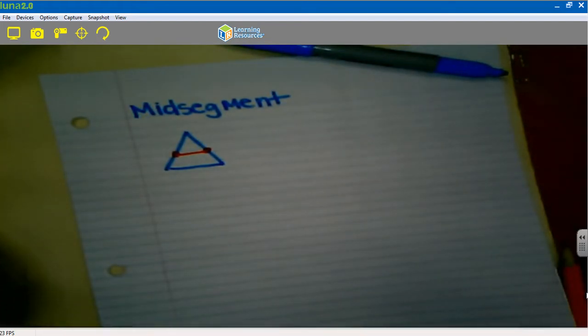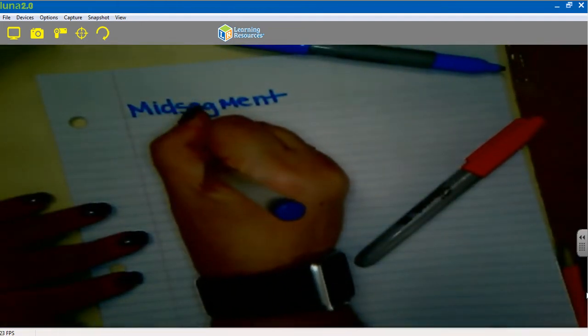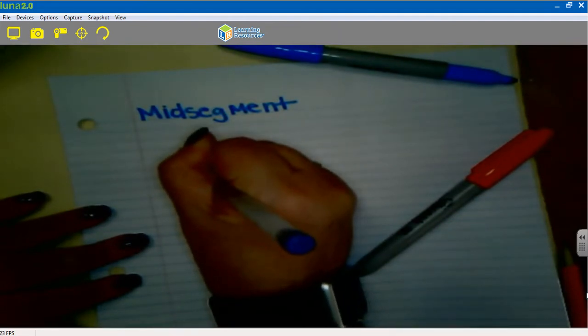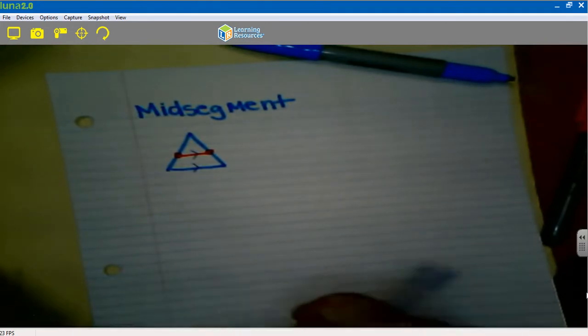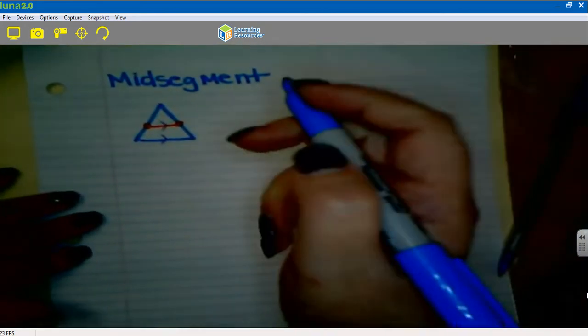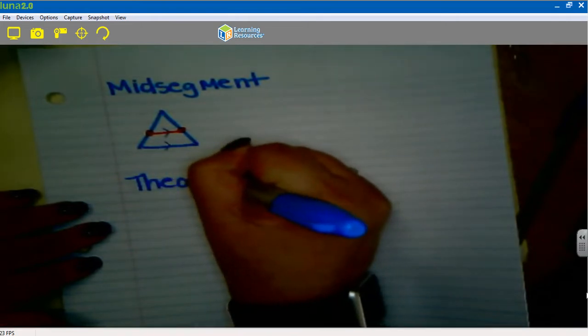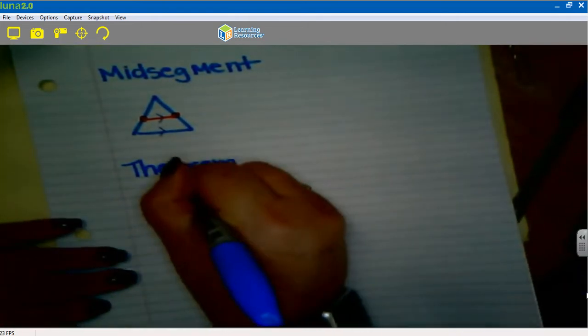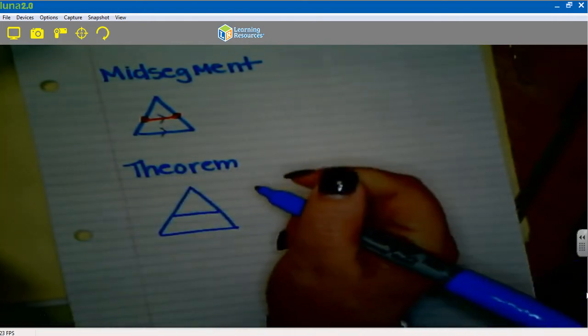The mid-segment is also going to be parallel to the side of the triangle. So it's parallel. And then the mid-segment theorem: so there's our mid-segment.